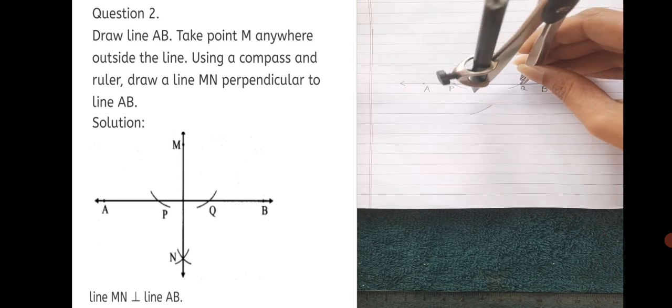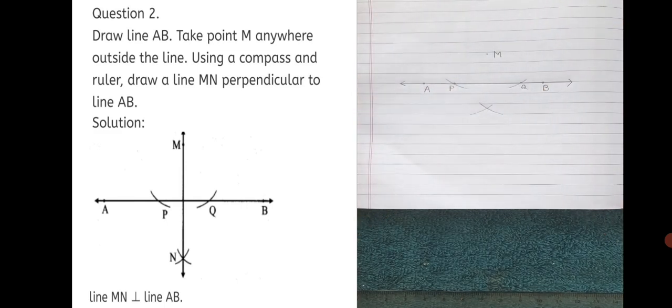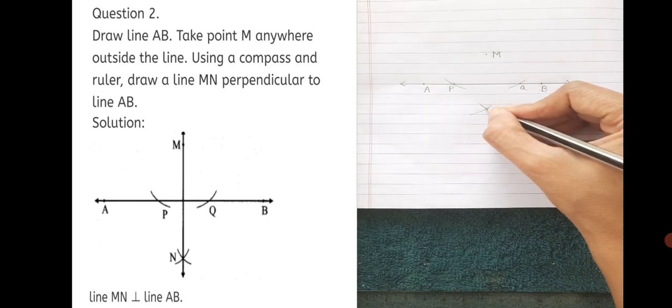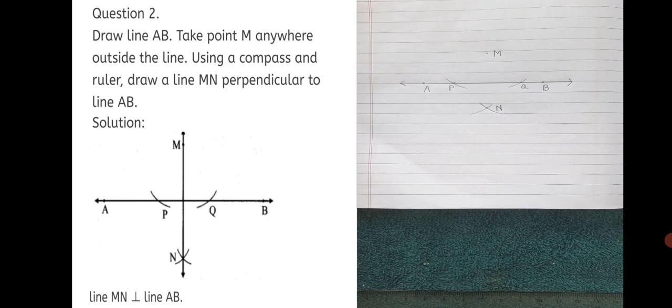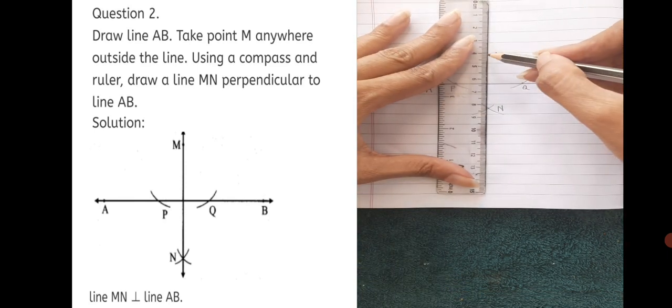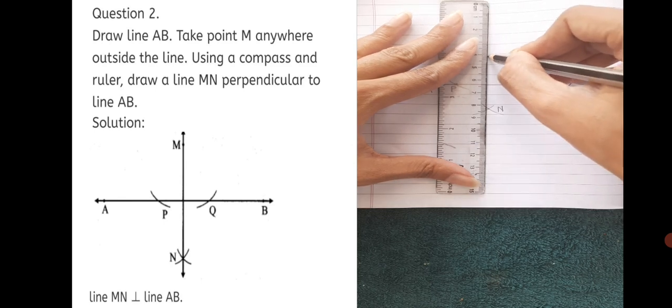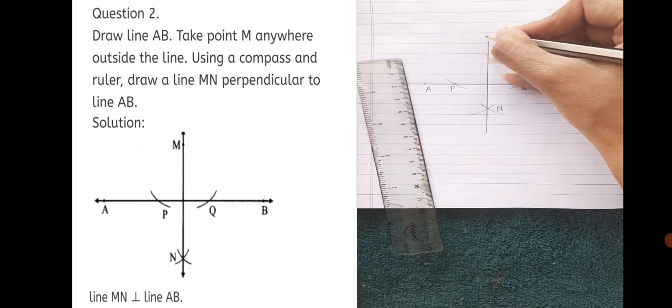Similarly, from Q, same distance, we mark an arc intersecting the previous arc. Once we get two intersecting arcs, the point of intersection, name it as point N. Now, with the help of a scale, you are going to join M, N and extend the line further to mark the arrows.